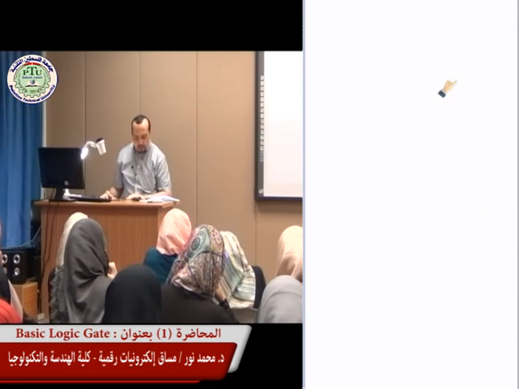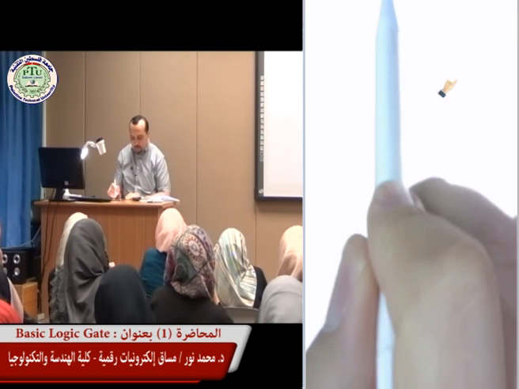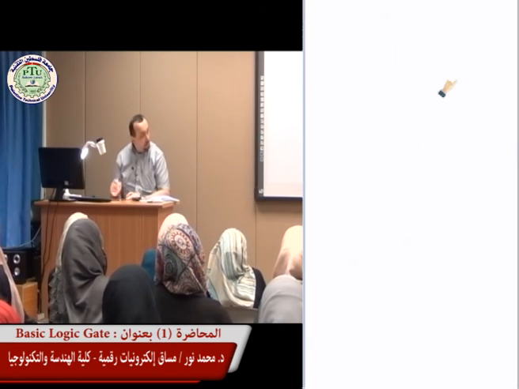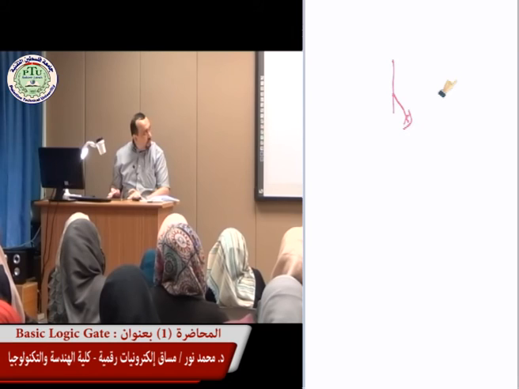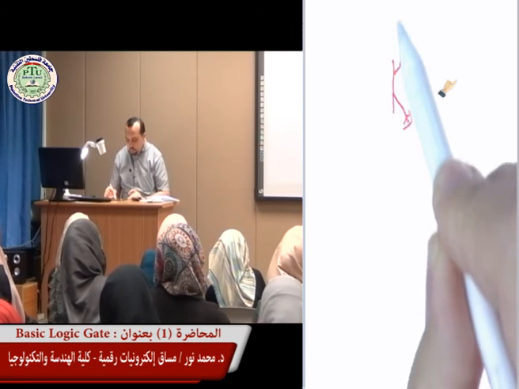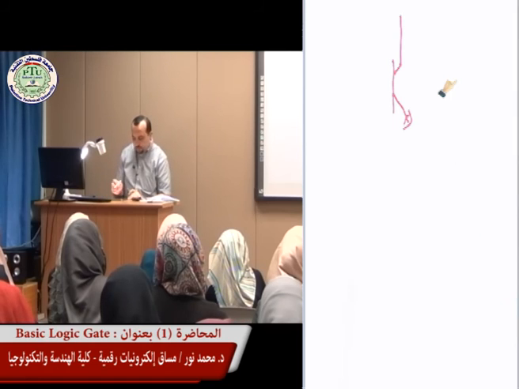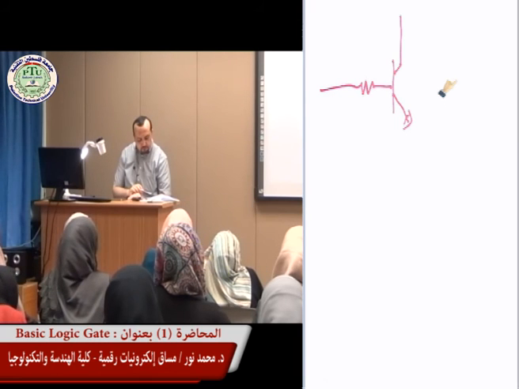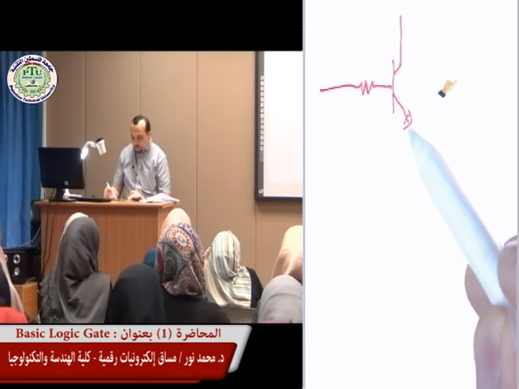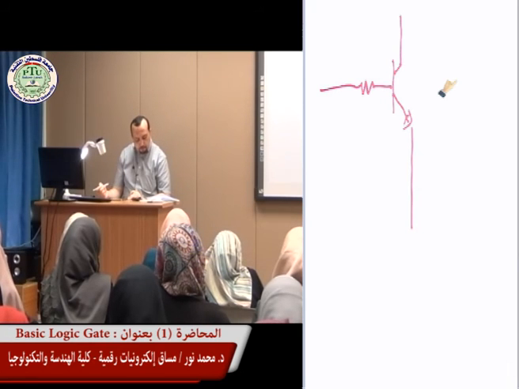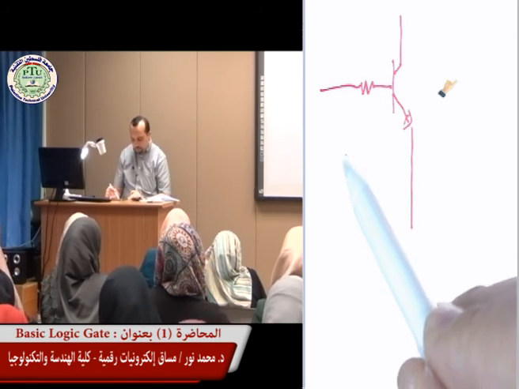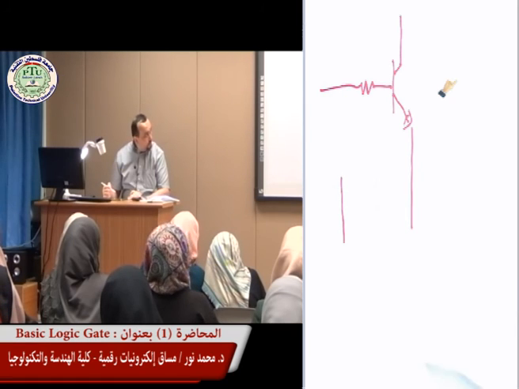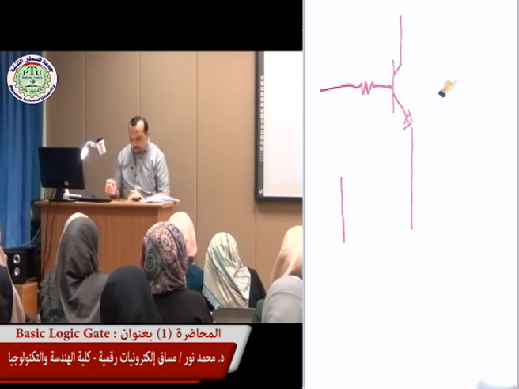It's a little bit tricky but let's try to analyze it. We have the first transistor, and again the base is connected to the resistor, and the output of this first transistor is going this way. I have a second transistor connected directly to the VCC.